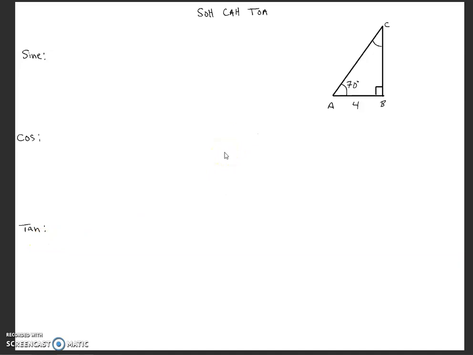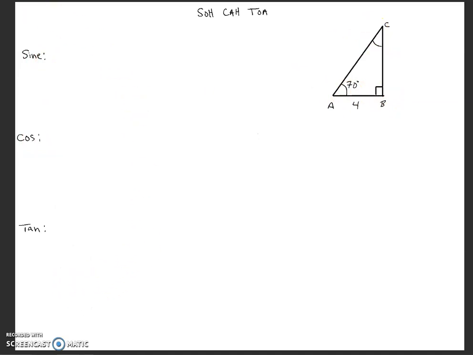No a squared plus b squared equals c squared, none of that kind of stuff, and none of 90 minus 70 equals this angle. That's not going to work. I have to see the trigonometric expressions for these three. Nothing else is going to work. Even though I know it all works, this isn't about a squared plus b squared. This isn't about reducing angles. This is about sine, cos, and tan.